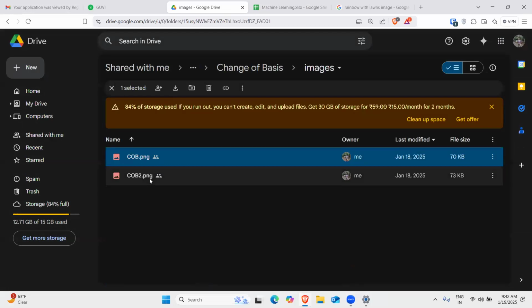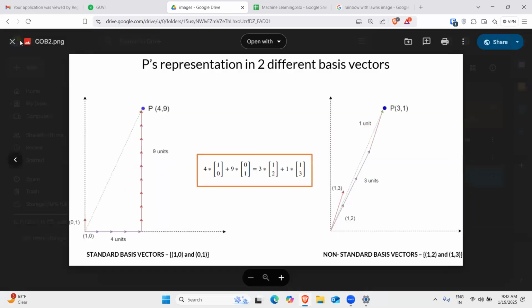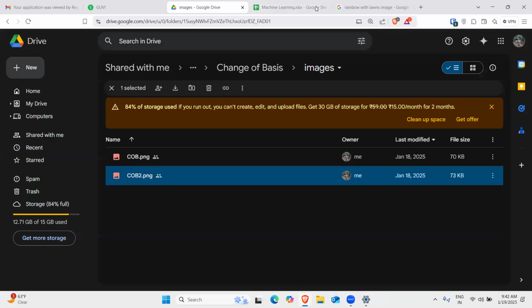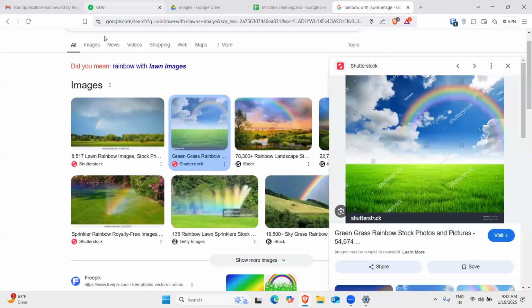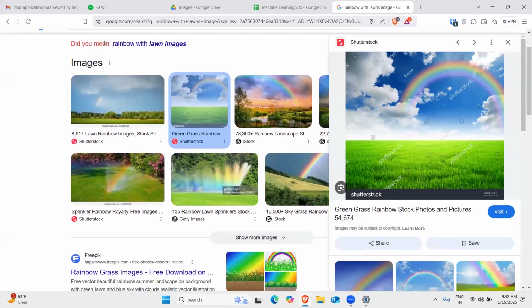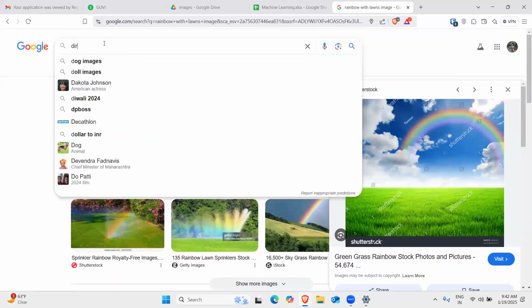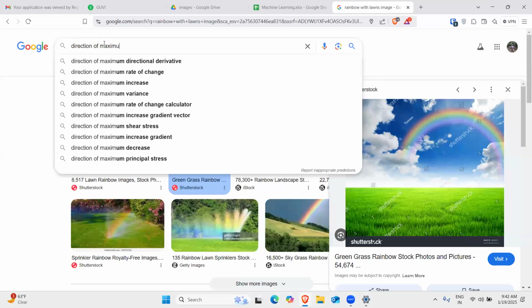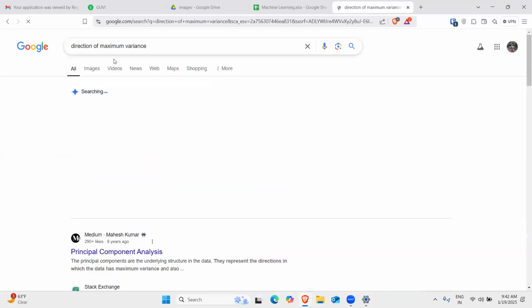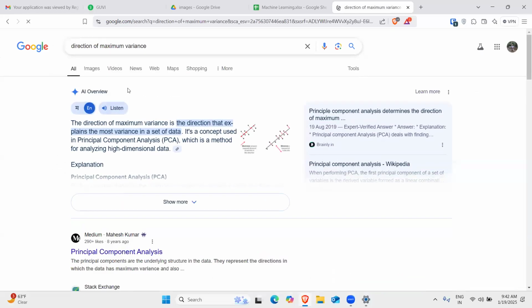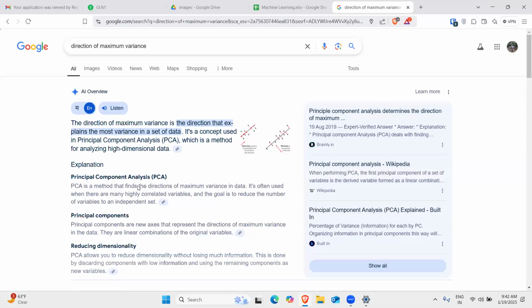Let me check here, direction of maximum variance. Do we have any diagram for this?